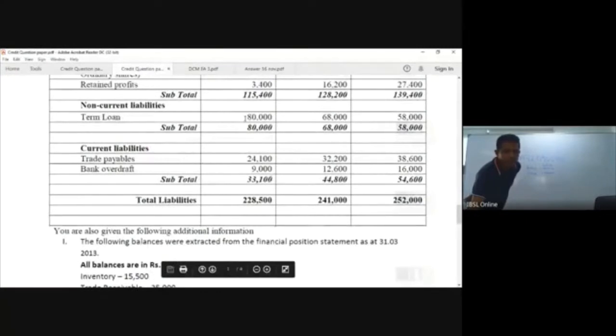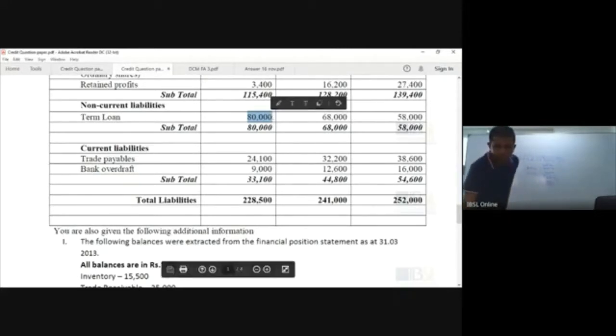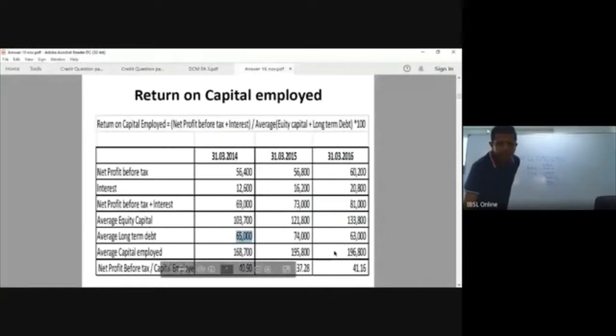Then the average is 130 divided by 2, which is 65,000. That is the one I took for my ratio calculation here. In the same way you have to calculate 2015 and 2016.